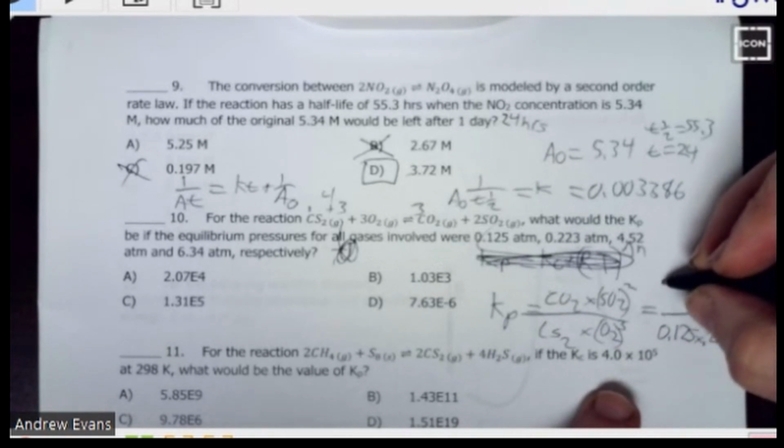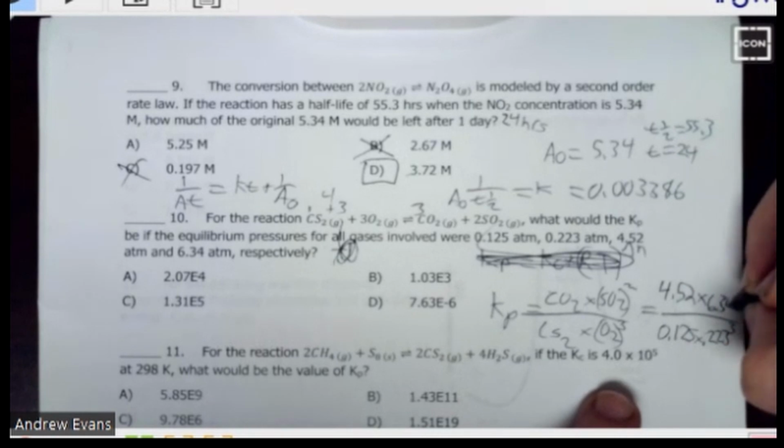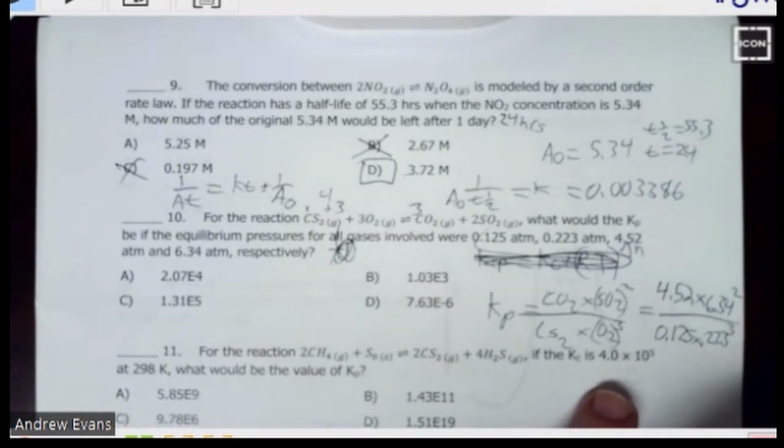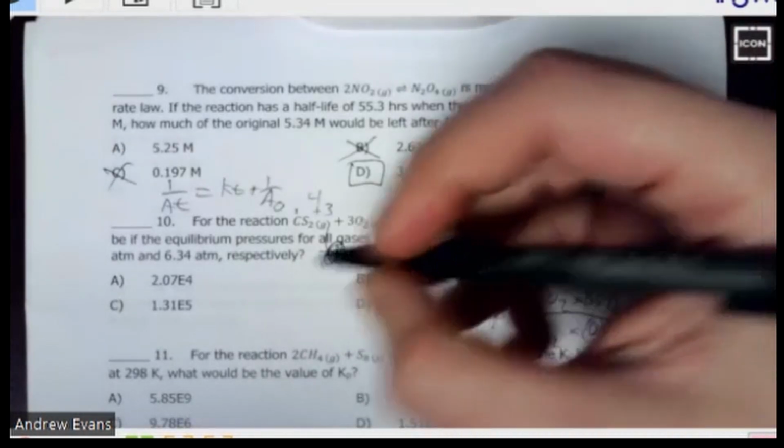This was not meant to be a hard one. I'm sorry if this was. So 4.52 times 6.34 squared divided by 0.125 divided by 0.223 cubed. We get a really big number. That's 1.31 times 10 to the 5th.